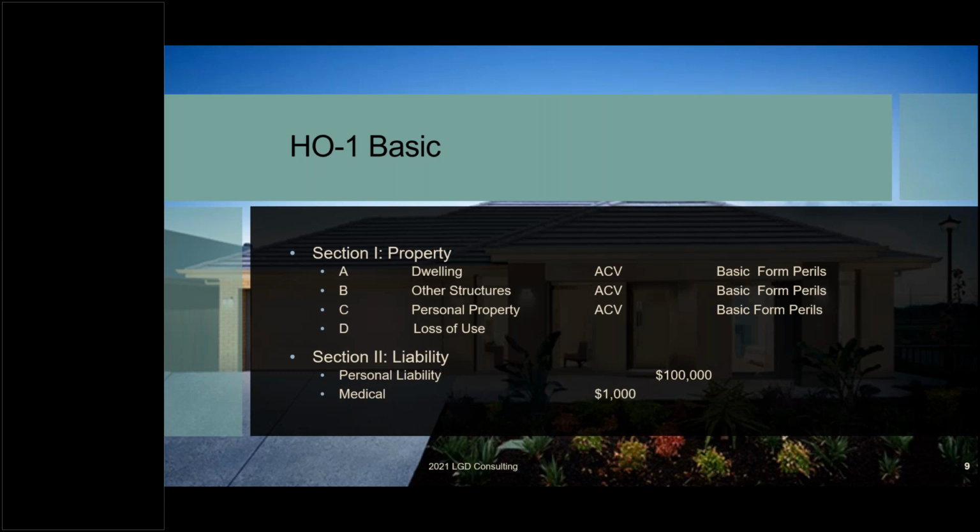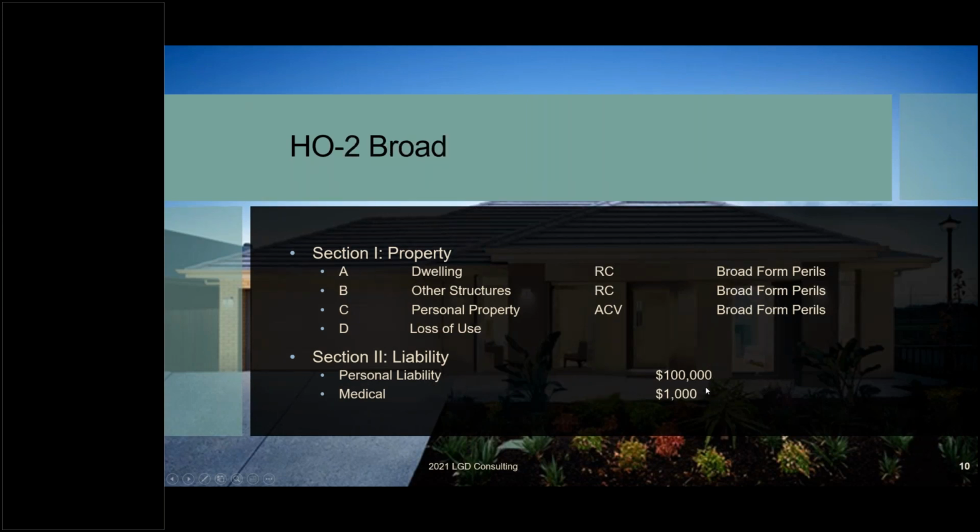They can take their savings so they can't buy the home, and then garnish their wages, so even with a good income, they can't buy a home again. So they don't have less to sue for. Don't think that because you're a renter, you need less coverage. But you need to understand that the Section 2 liability, it doesn't matter which homeowner's policy we discuss, is always going to have these same limits.